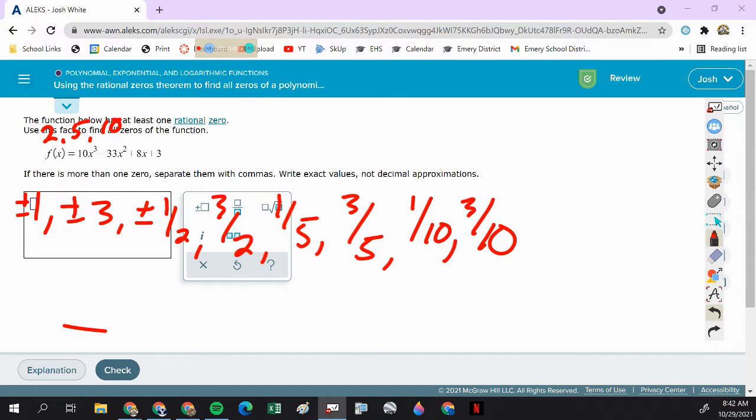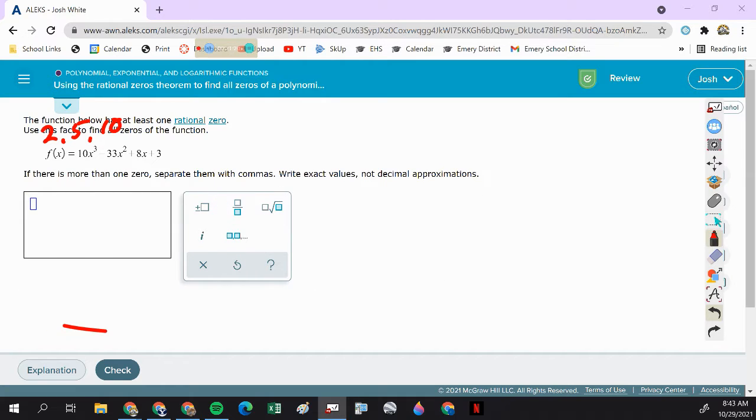Now we need to find the roots. Does 1 work in this case? No. Does -1 work in this case? No. So let's try 3. Are we missing any coefficients?